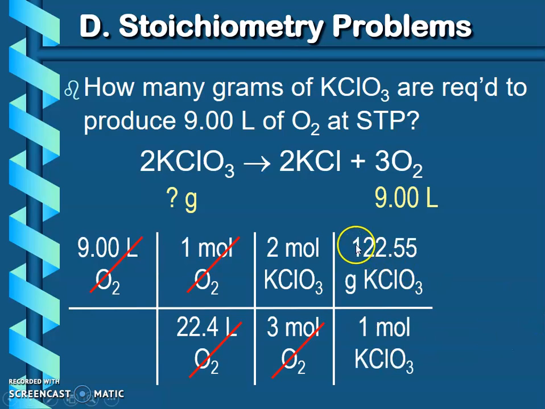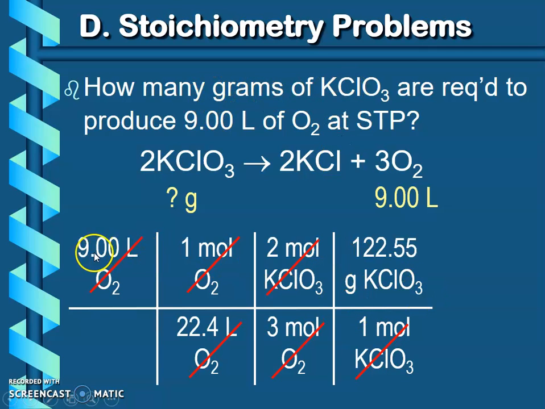So this number right here, 122.55, I got from the periodic table. I looked at potassium plus chlorine plus 3 oxygens. Add them together. Now my moles of KClO3 cancel off. I'm left with grams of KClO3. That is what I want.